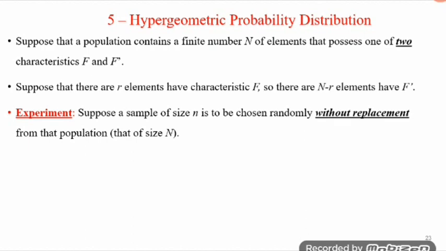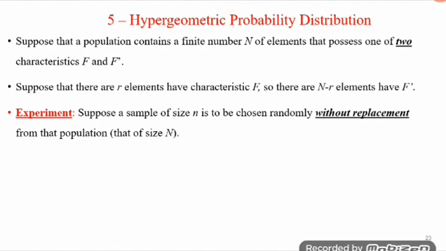As we already did in the previous probability distributions, we all the time define 2 components, the experiment or random process and the random variable. Here we are interested in selecting a sample of size n, small n, to differentiate between small n and capital N. So small n represents the sample that we are selecting from the population, and the selection is assumed to be done without replacement.